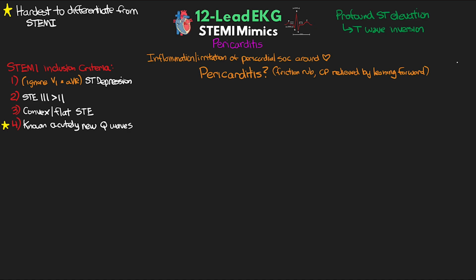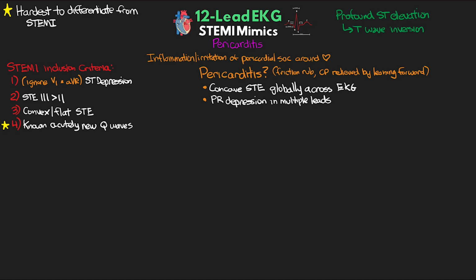With pericarditis, we're typically going to see a concave ST elevation globally across the EKG. So here we're seeing ST elevation going across reciprocal leads where we wouldn't normally see all this ST elevation. We can also see PR depression with pericarditis in multiple leads. Now this can be an indicator as well, although it is more associated with viral pericarditis.